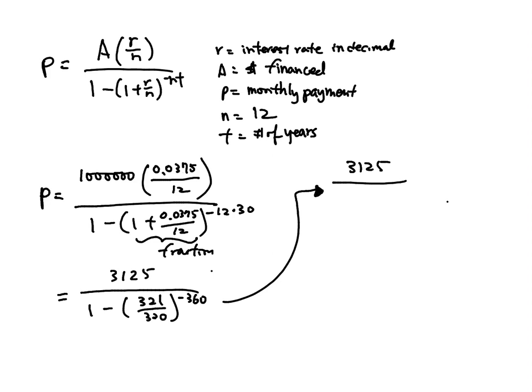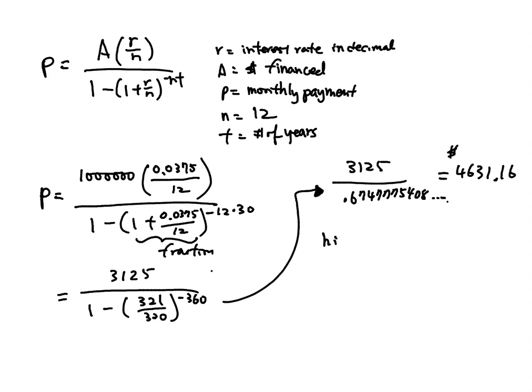Let me double check my math again. Something doesn't look right. I see a problem now. There we go. You end up getting 0.674777540 and so on. I'm just going to keep that decimal in the calculator and divide straight out. So this is 3125 divided by the crazy looking decimal, and you get 4631.16.